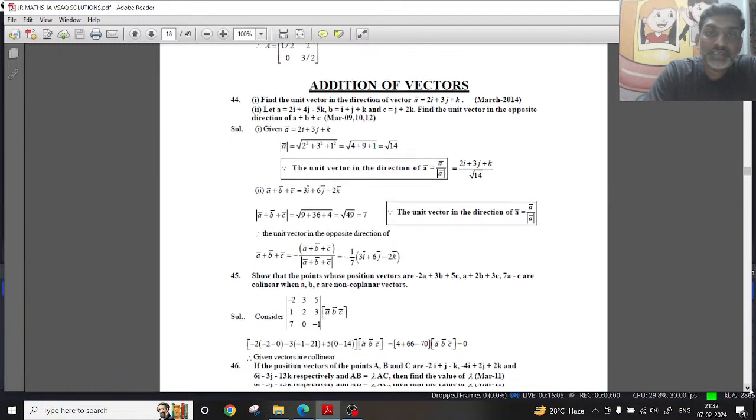Next, addition of vectors. Find the unit vector in the direction of vector A. Okay, we have to calculate the unit vector in the direction of the given vector. The formula is what? Suppose we need to calculate the unit vector in the direction of A bar, that is A bar divided by the magnitude of A bar.